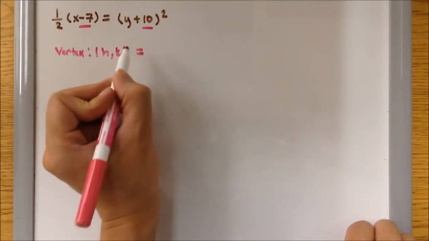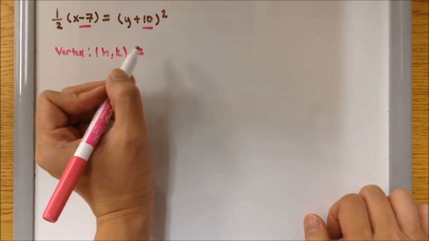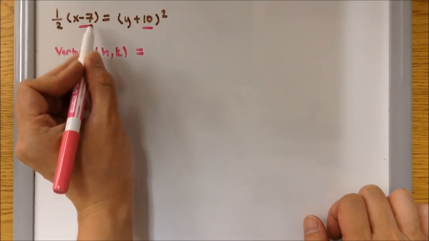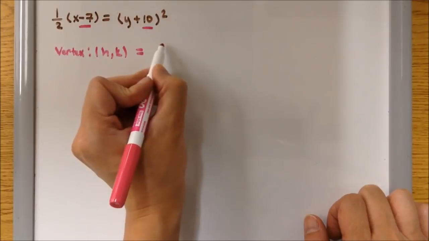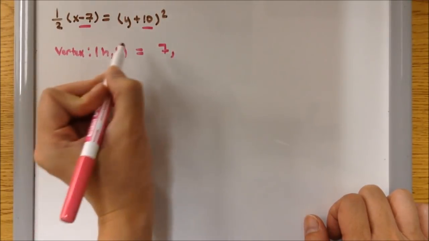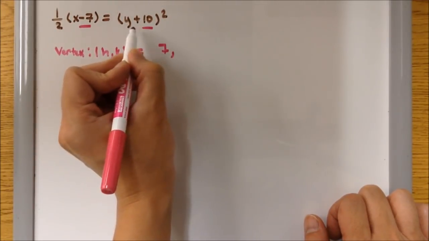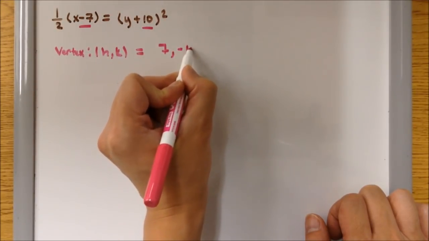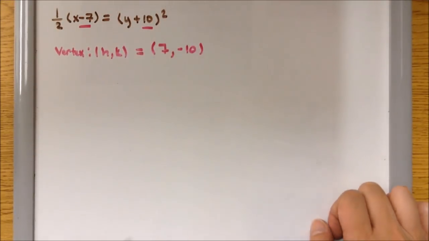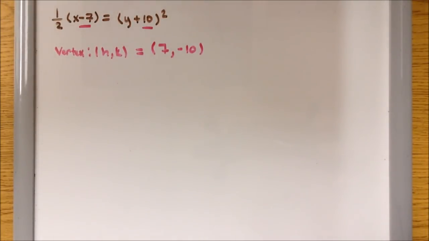So therefore, our vertex will be the number that's next to x for the h. So since it's minus 7, just simply positive 7. Our k value is the number with y. Since it's plus 10, the opposite will be negative 10. So that's going to be our vertex.